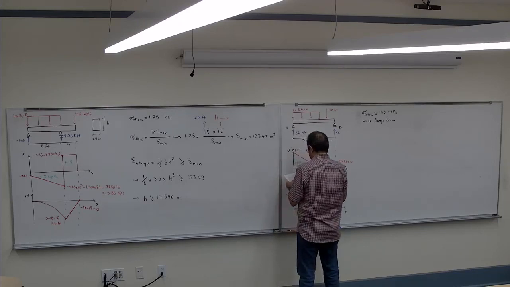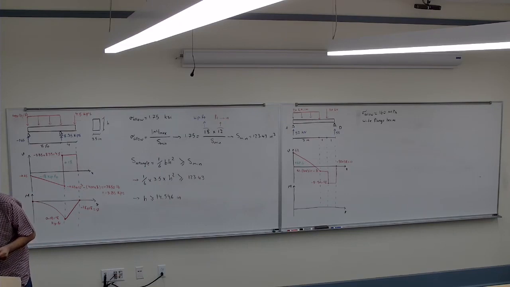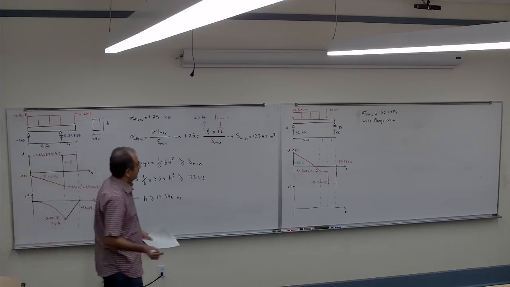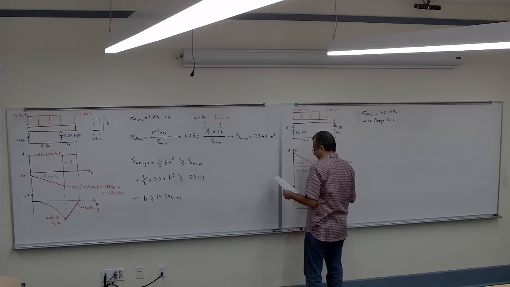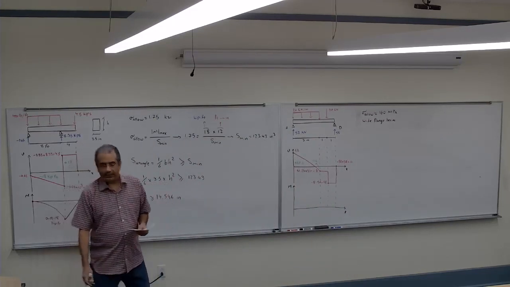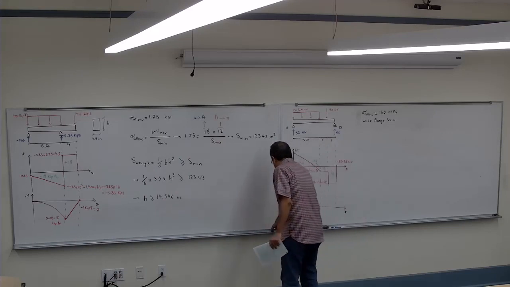Area here is negative 1.6. That is negative 8 and negative 58. So now that I have them, I can go ahead and draw the moment.